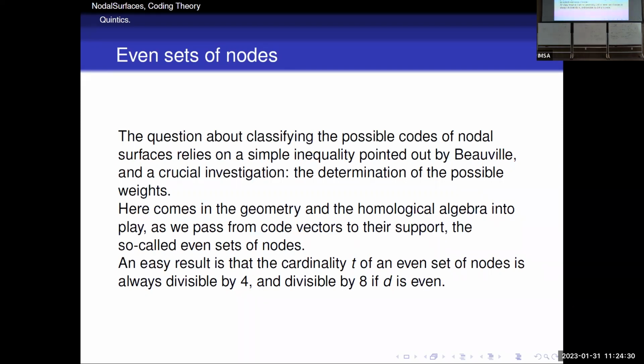For instance, it's easy to show that if you get an element of the code K, its weight, I will call it T, is just the cardinality of what is called an even set, and this is always divisible by 4 and divisible by 8 if this is even.